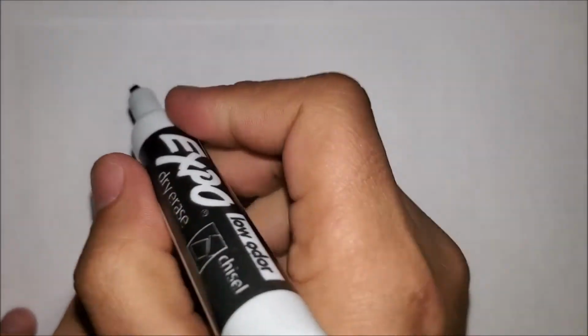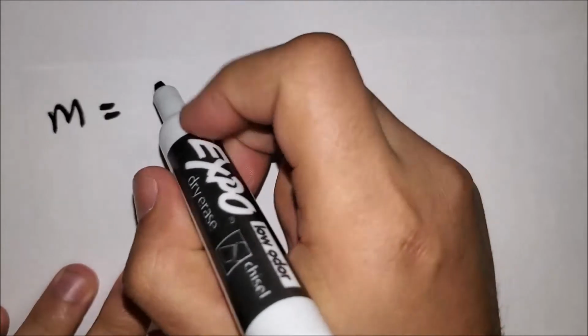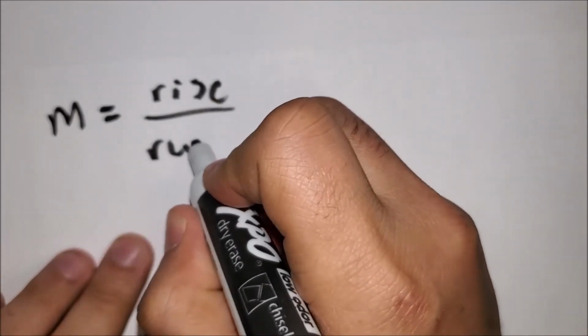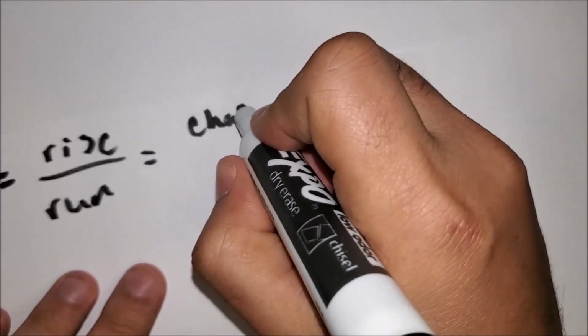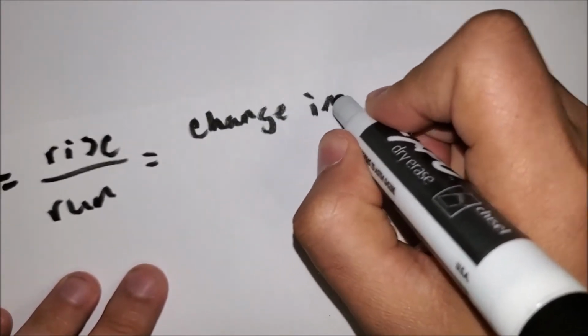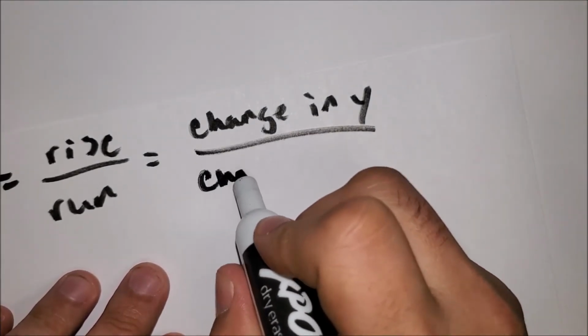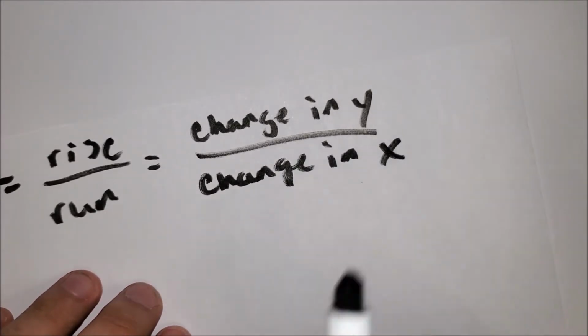So the formula for slope, to find slope, we said is m equals rise over run. But it could also be the change in y over our change in x.